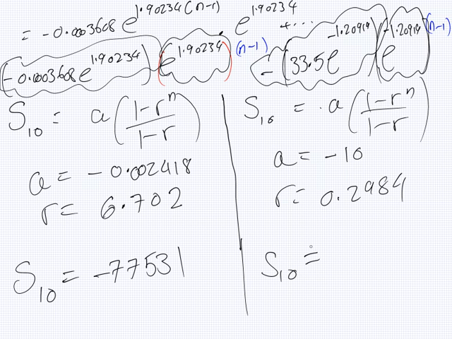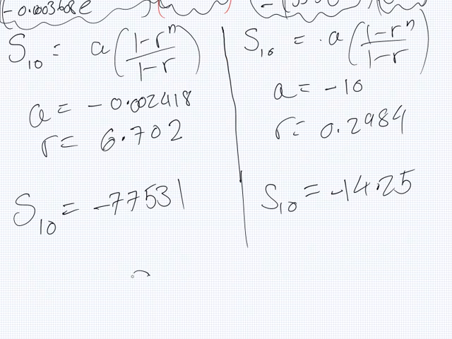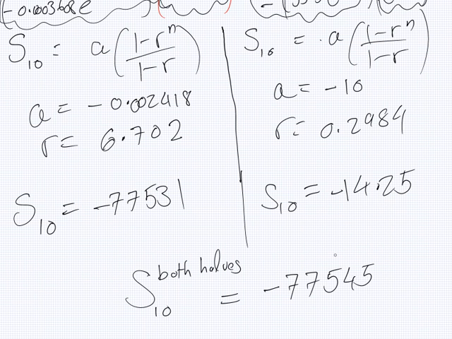And here, minus 10 brackets 1 minus R power 10 over 1 minus R, minus 14.25. So when I add these two together, my total for the first 10 terms, both halves, is about minus 77545.